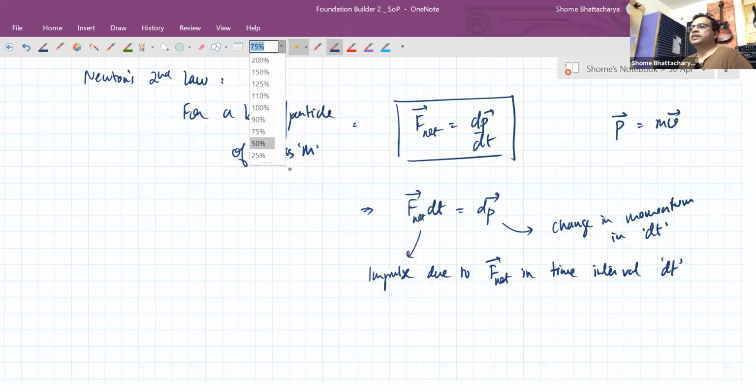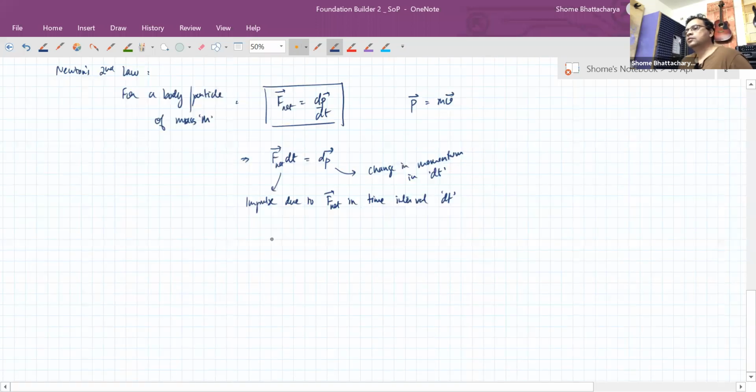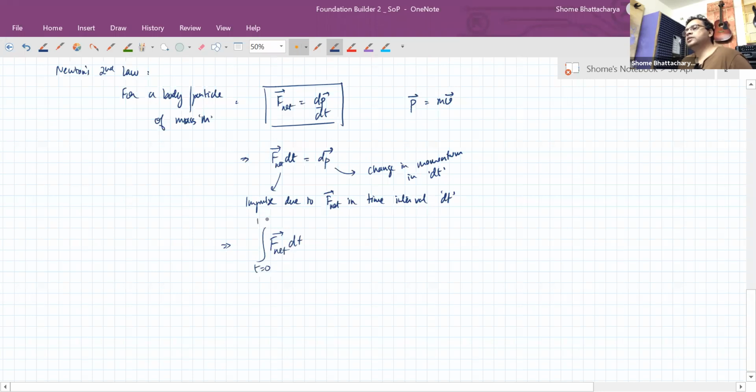Now if we integrate both sides of the equation, we will get F net integrated from t equal to 0 to some time, let's say t. On the other side, we'll get the change in momentum from whatever initial momentum to whatever final momentum. So this quantity is called impulse.